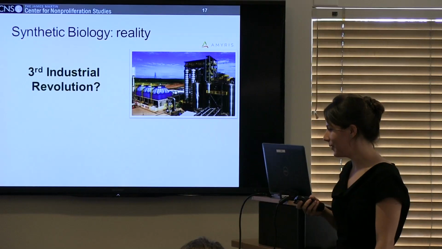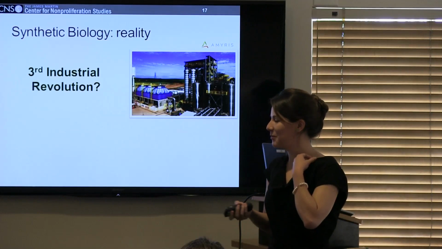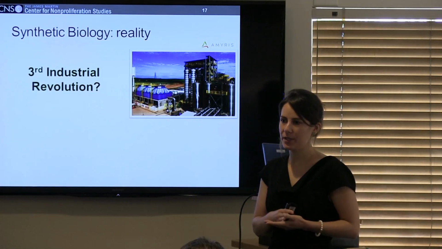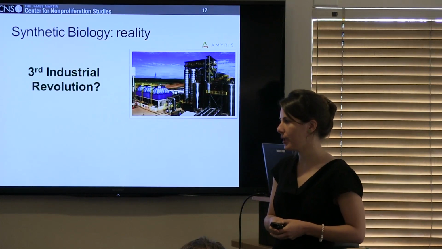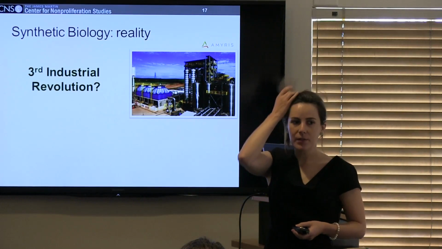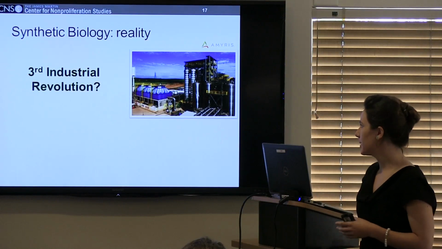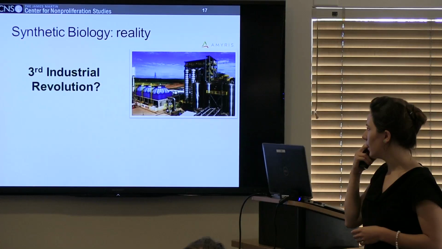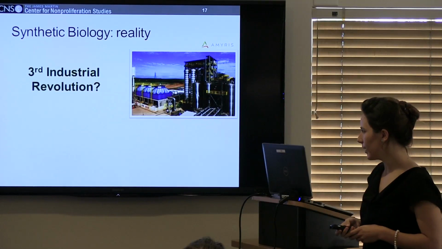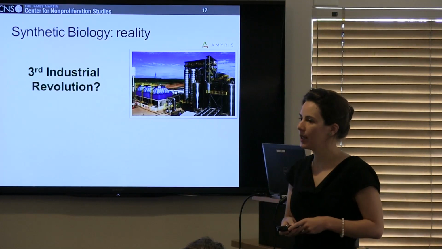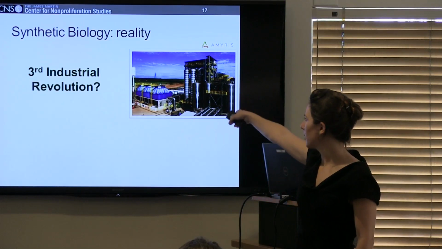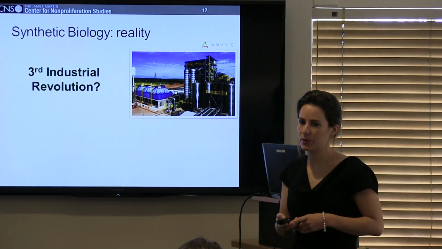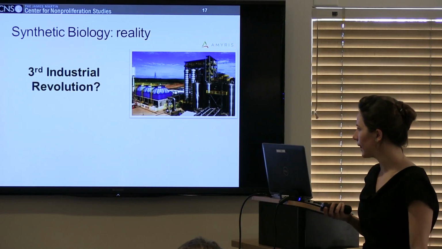So, Bill Gates and other people are speculating that synthetic biology is going to lead the third industrial revolution. This is the first large scale synthetic biology plant that has been built and that's operating. It was opened in 2013, and here you can see the big fermenters that can grow synthetic organisms and use the products that are made.